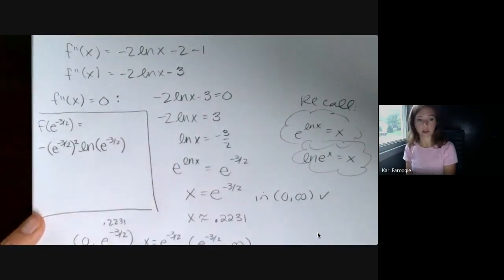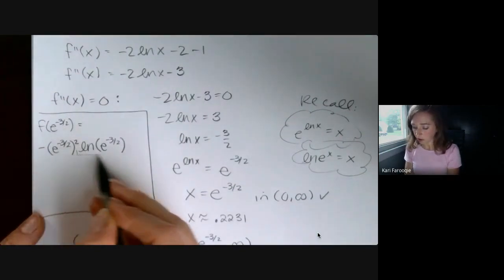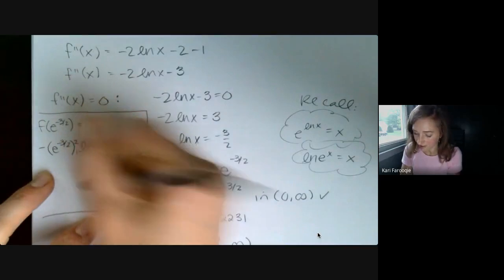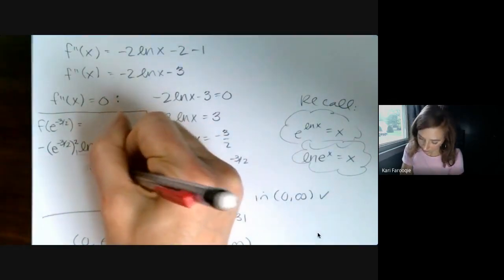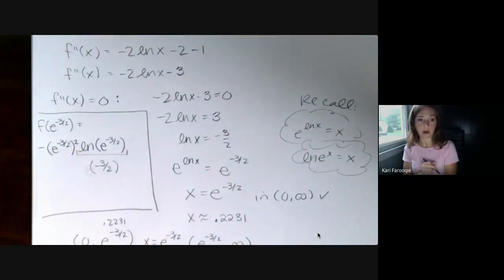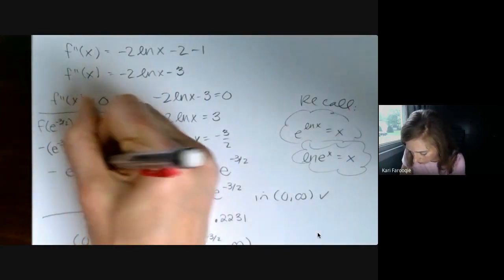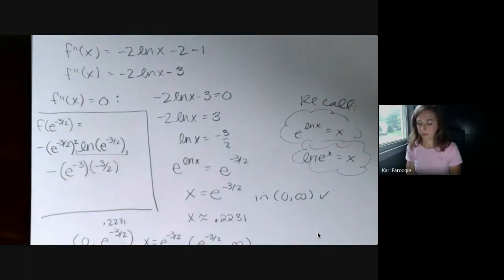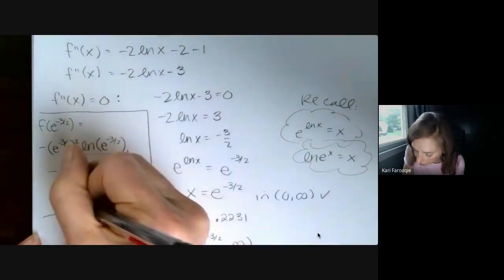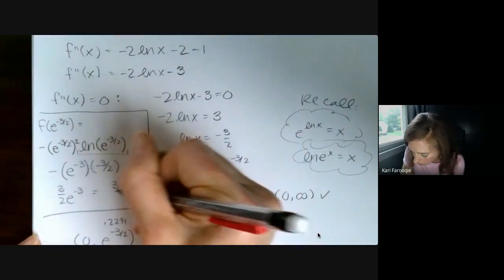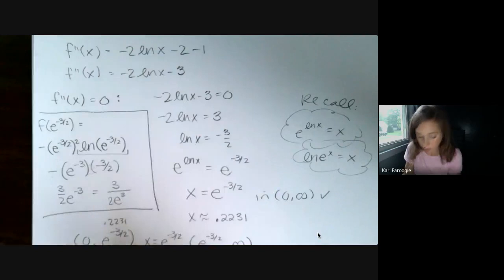So evaluating my original function here, the natural log of e to the -3/2 is just going to be -3/2. The e is going to go away. When you take a power to a power, you multiply the exponents. -3/2 times 2 is going to be -3. So you have negative e to the -3rd power. And a negative times a negative gives you a positive. So you have 3/2 e to the -3rd, or you could write that as 3 over 2e cubed.